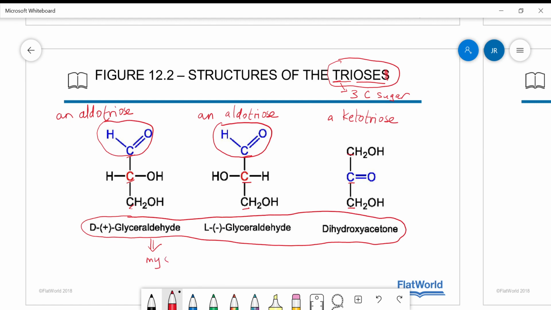So my students don't need to memorize, but do know the type of monosaccharide.